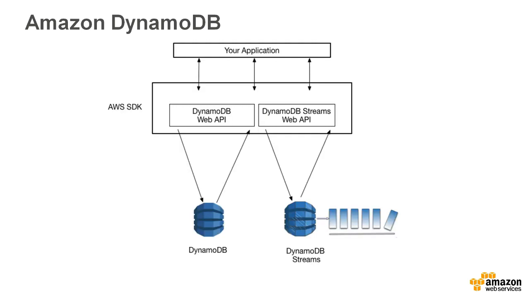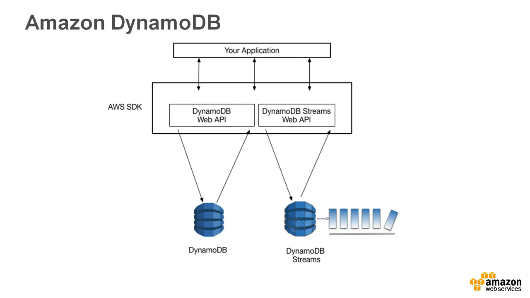How it works: it basically consists of the AWS SDK, that is two types of thing: DynamoDB Web API and DynamoDB Streams Web API. It consists of two fundamental entities: the DynamoDB where your data is stored, and DynamoDB Streams that are used to call your application or flow in a catch form.